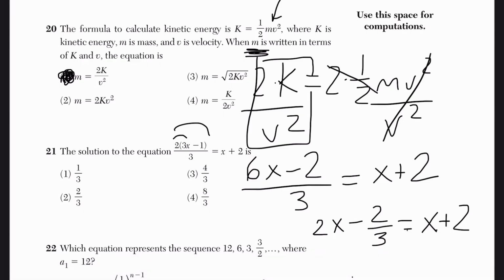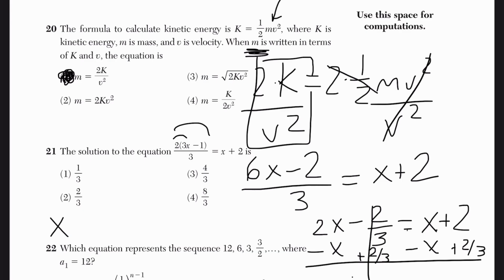Okay. And now we're just going to subtract x from both sides. We're going to get all the variables onto one side, all the constants onto the other. So we can add 2/3 to both sides. I'm going to finish this over here. So we already have x. This would cancel, equals 2 and 2/3.